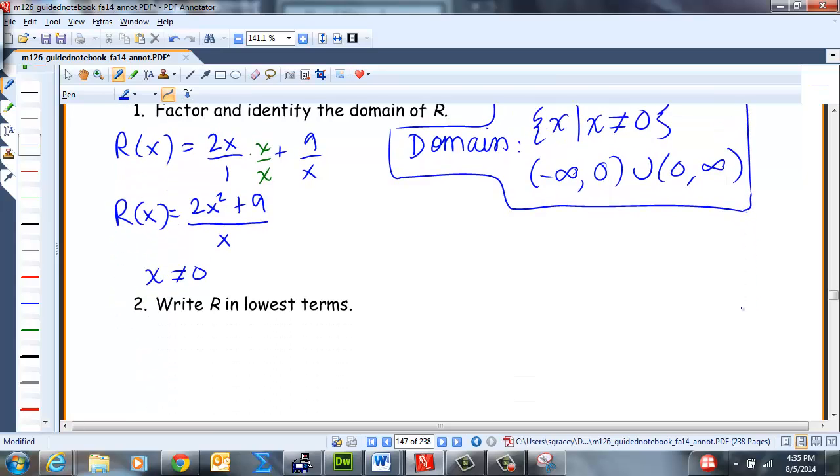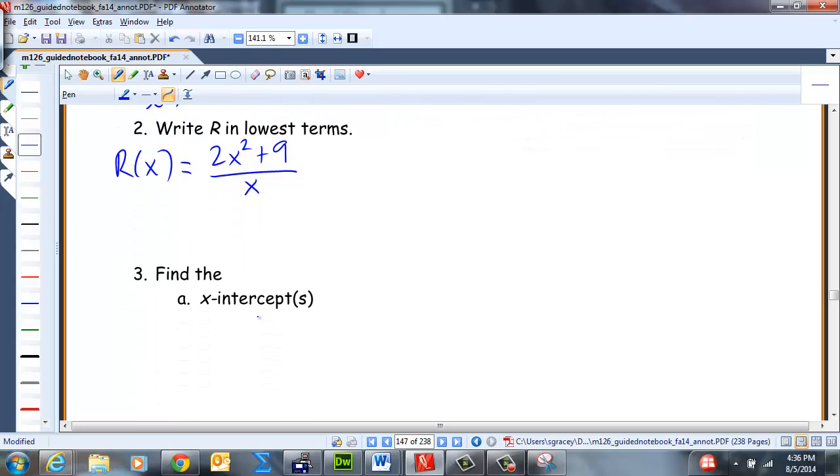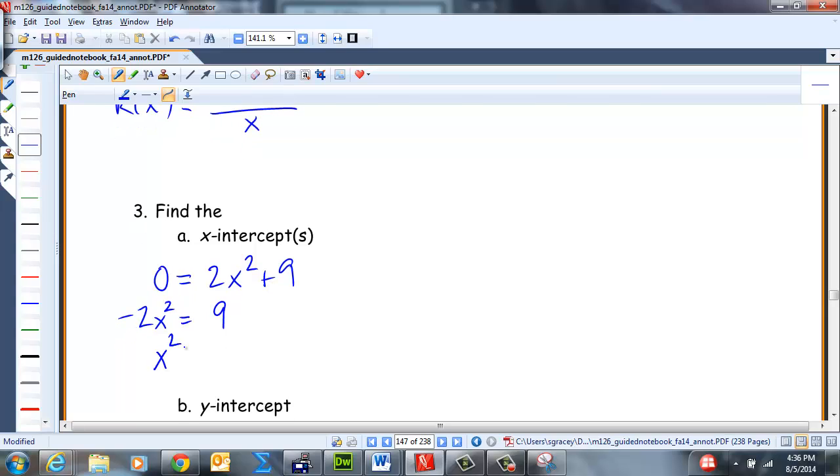All right, so write r in lowest terms. It already is. And then let's find the x-intercepts. So if you set the numerator equal to 0 and solve, we would get this, and x squared would be equal to negative 9 halves. So do you see that that's imaginary?